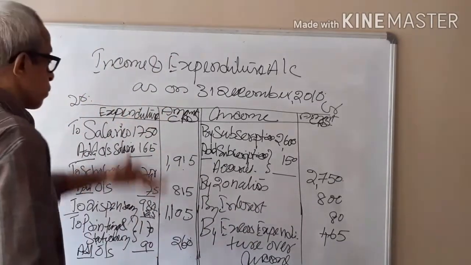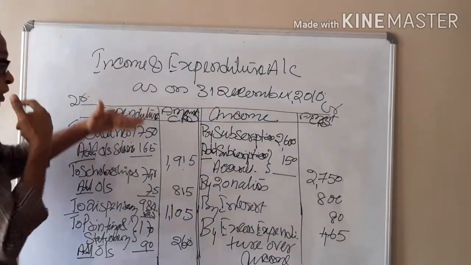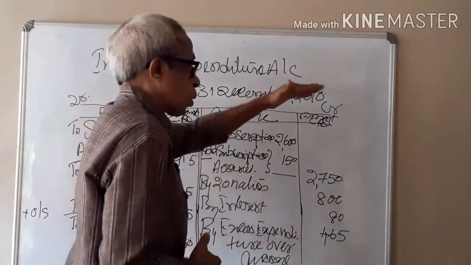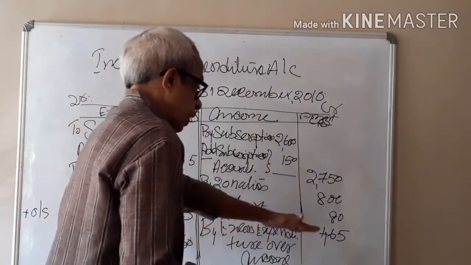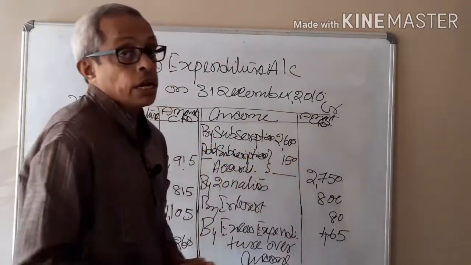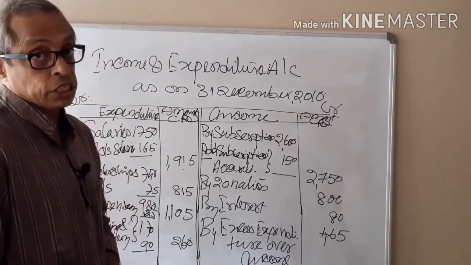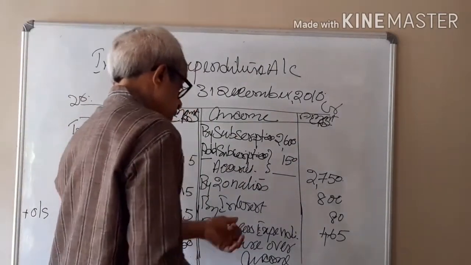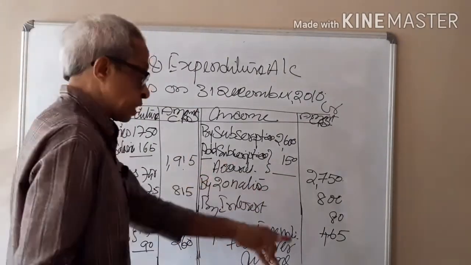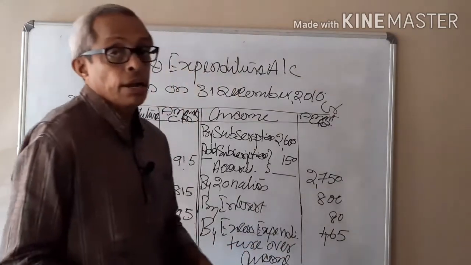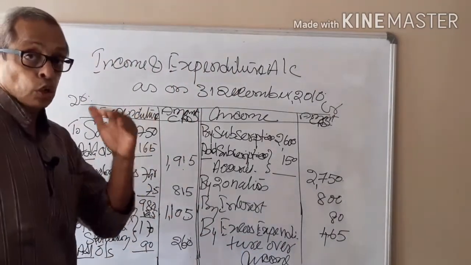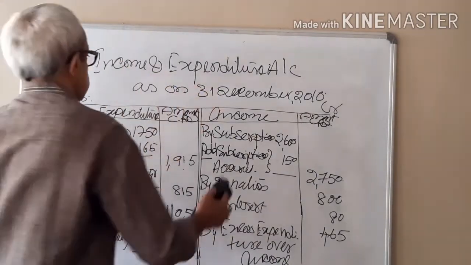Then we balance. Here the expenditure side, that is debit side, is higher than credit side, that is income side. Then the balancing figure is known as deficit, and the same may be transferred to balance sheet liability side. Being a deficit, the amount so arrived at, that is 465, may be deducted from capital fund to be shown on the liability side of the balance sheet.